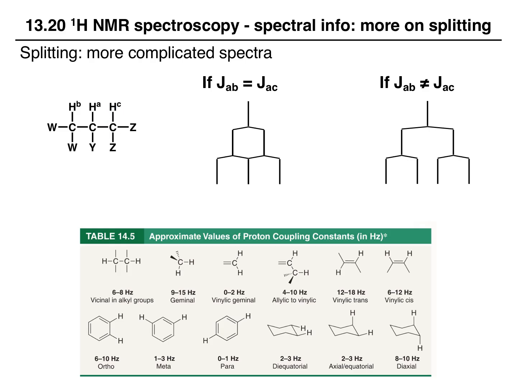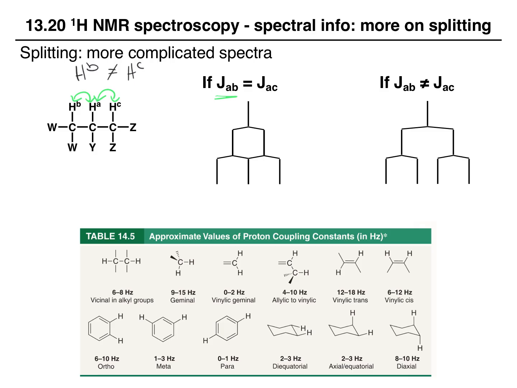Now, HB is not equivalent to HC, but the size of splitting, so how these 2 affect each other compared to how these 2 affect each other, there are 2 possibilities. If the J value for the AB coupling, so that would be this J value, is the exact same as the coupling constant for the AC splitting, so this splitting.